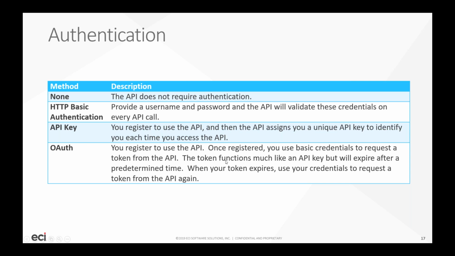The API issues the key to you, but that key expires, and it could be 20 minutes later, it could be an hour later, as are typical periods of time. But when it expires, you send it your username and password again, and it gives you a new token. So all of these authentication methods are supported by KnowledgeSync, and like I said, we'll see an example of that.